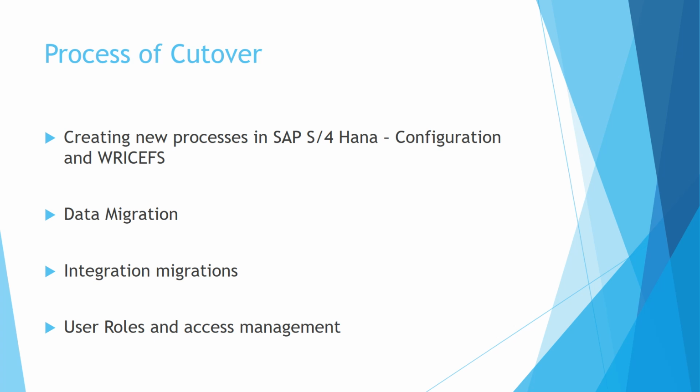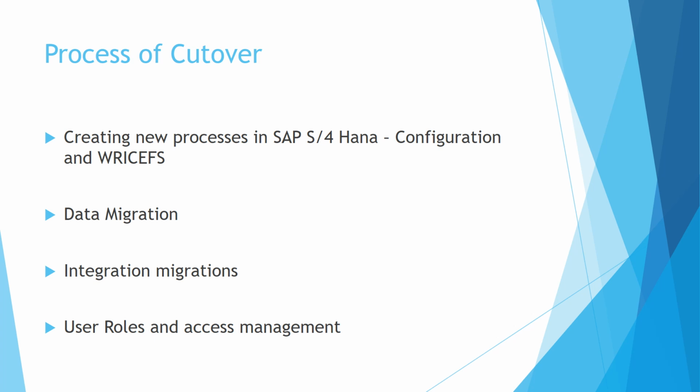Integration migration means that in your legacy system, you might be using several integrated external systems, like payment systems or credit card systems, which are outside your company, but your SAP system or legacy system interacts with them and sends files or data, or through API, etc. So those are integrated systems, like your HR system or your expense management system, which are outside your legacy system but are integrated with it.